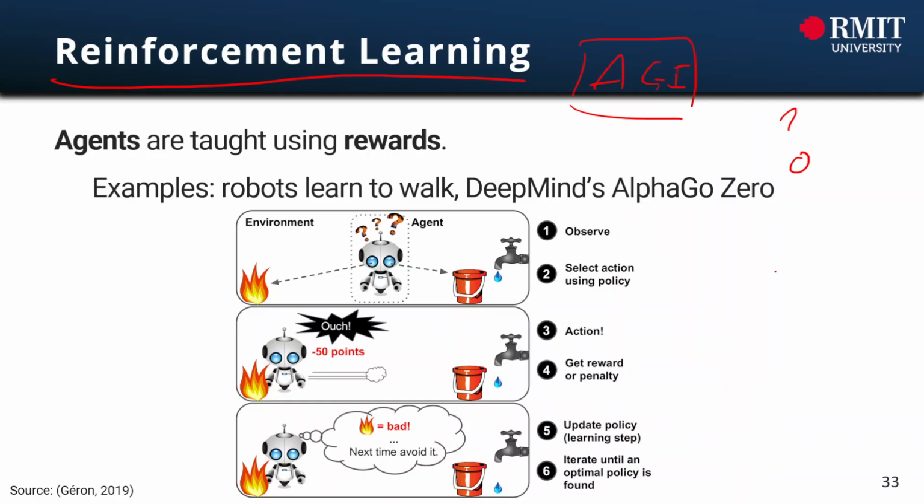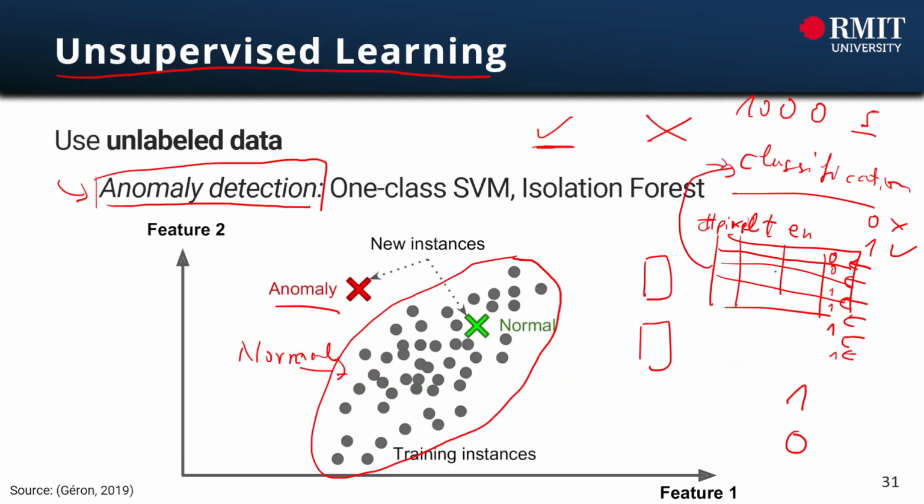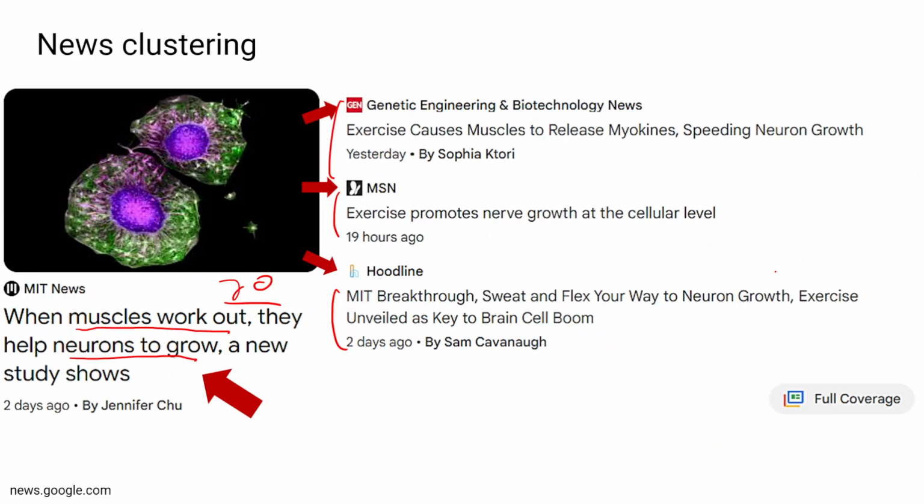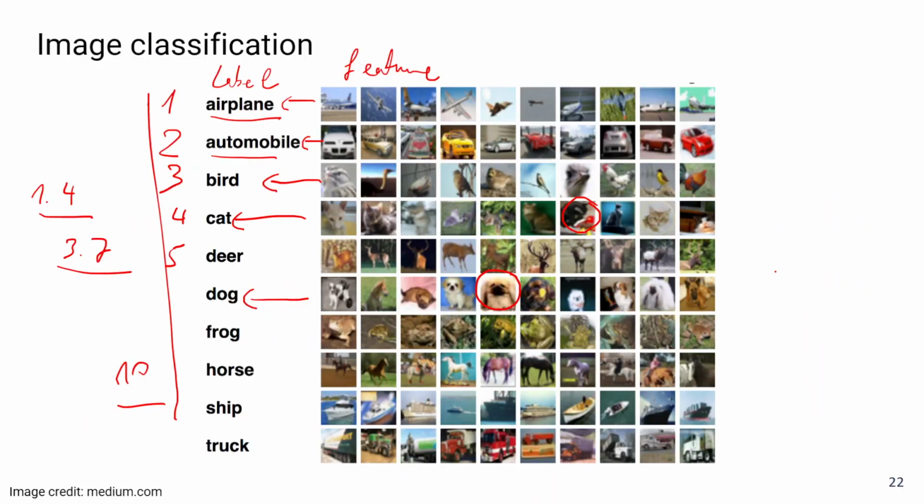And in reinforcement learning, we give the AI model the ability to discover things by itself. You don't need to provide it with knowledge. We don't need to provide it with labels. A label is actually a type of knowledge the human gives to the AI model. Let's say you give your knowledge about an image, so you tell the model this is the image of an airplane, this is the image of an automobile, this is the image of a bird.